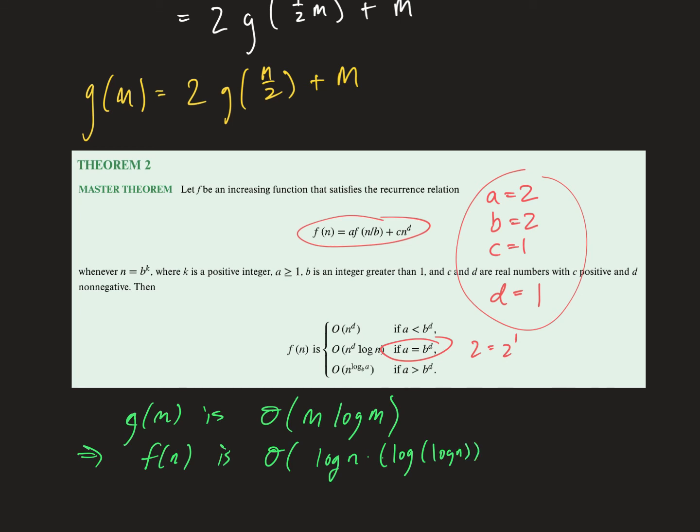Okay, so that is our final answer. The answer looks a little bit weird, but that's exactly what we get from the theorem. So this is our measure of complexity for this recurrence relation.